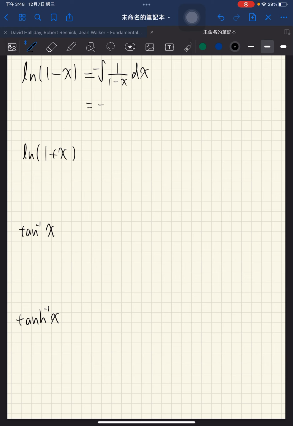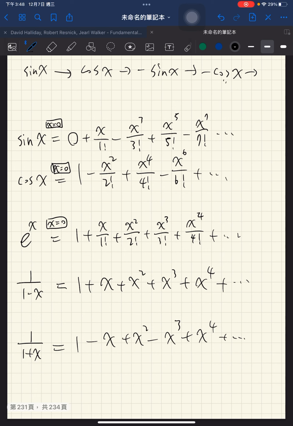So it's equal to negative ln of 1 minus x, which is equal to the integral of 1 plus x squared plus x to the third power plus x to the fourth power, and so on. I forgot to write this: for x with absolute value smaller than 1, and this is the same.